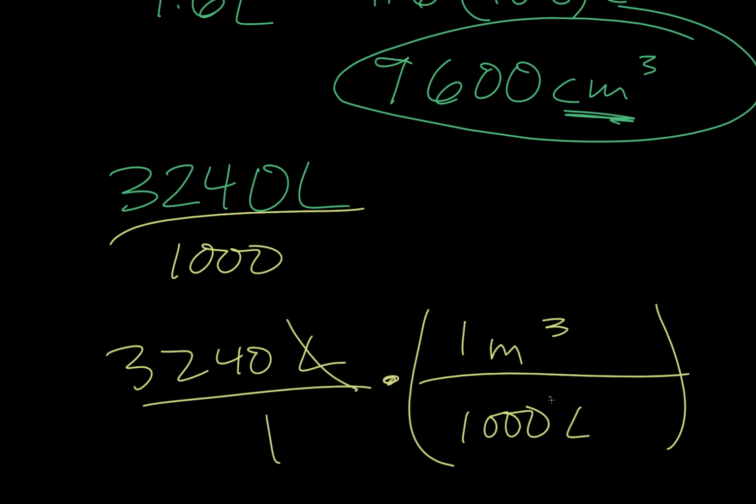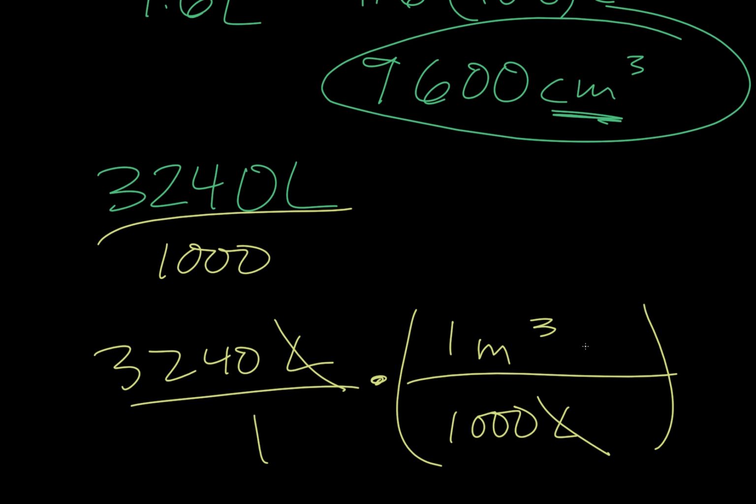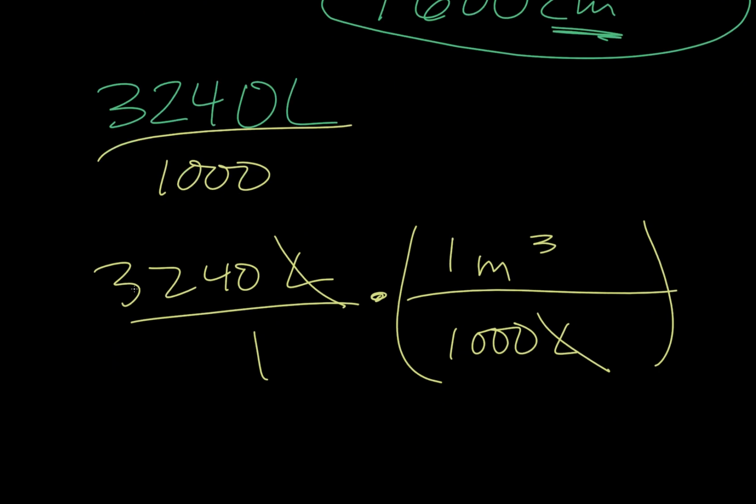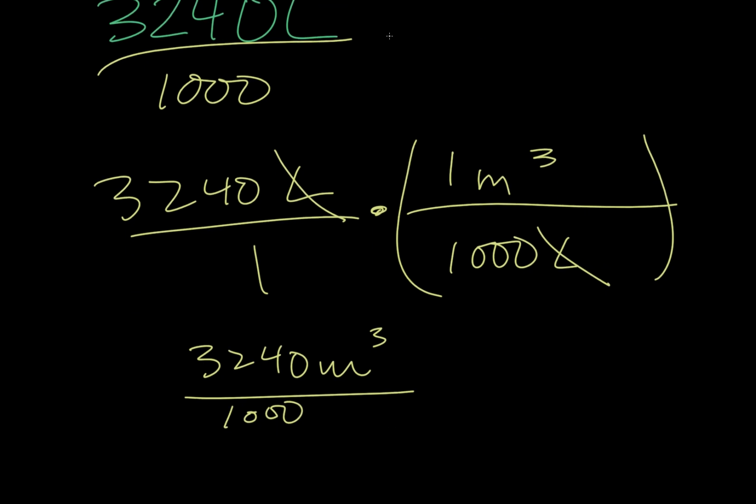Our liters cancel. So our new unit is meters cubed. And so we do 3,240 times 1, and we do 1 times 1,000. And then we divide those, and we end up with 3.24 meters cubed.